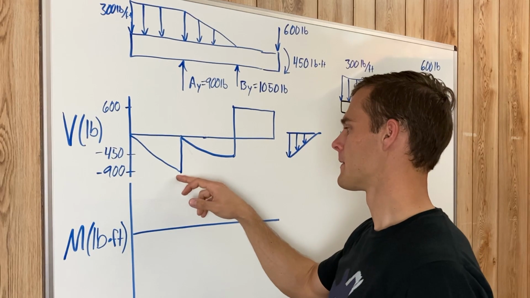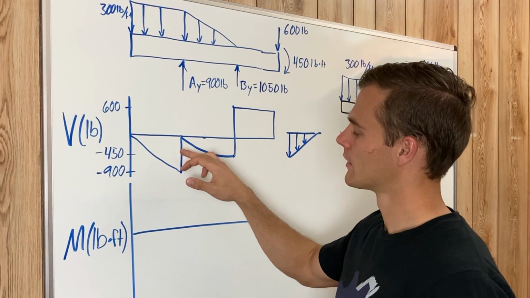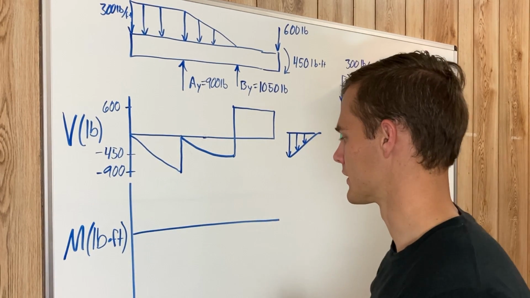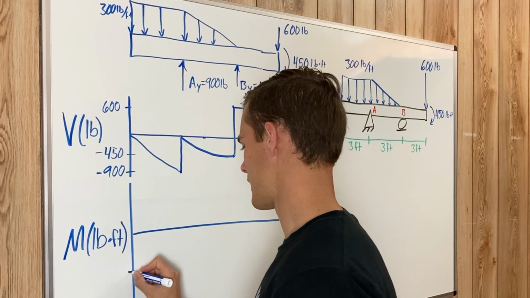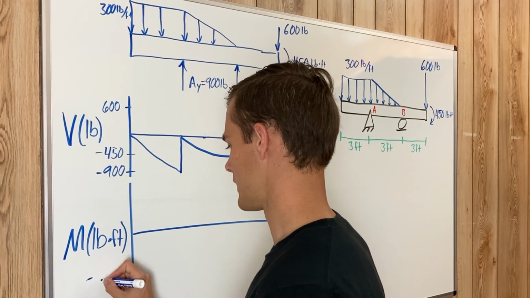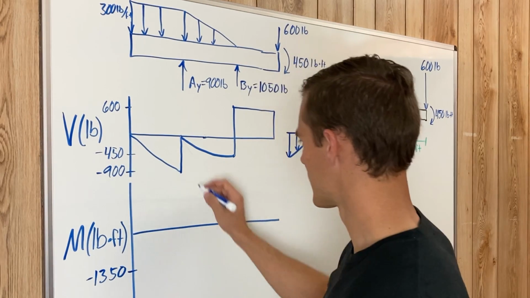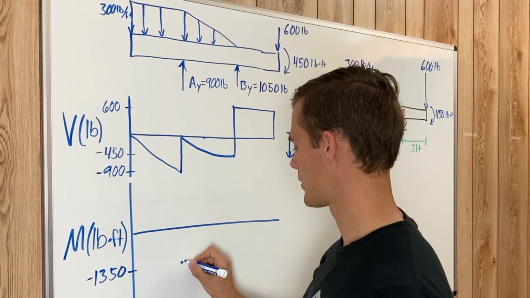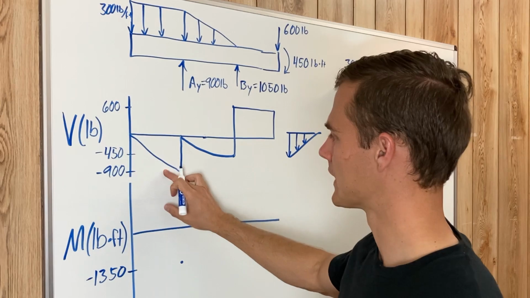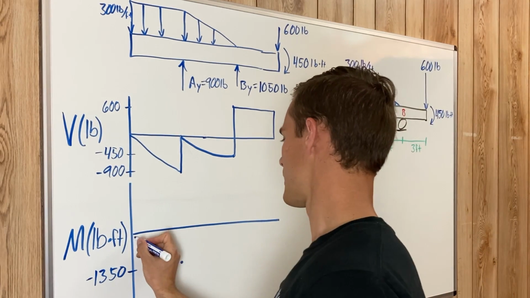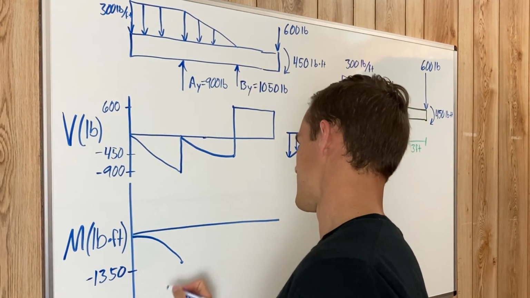That is 2,700 divided by 2, which is 1,350. So label that here, 1,350. Going to this point, and we said it was concave down because it has a negative slope, so it'll look something like this.